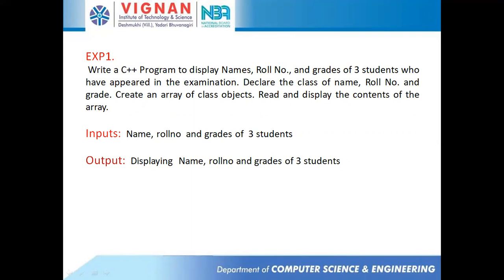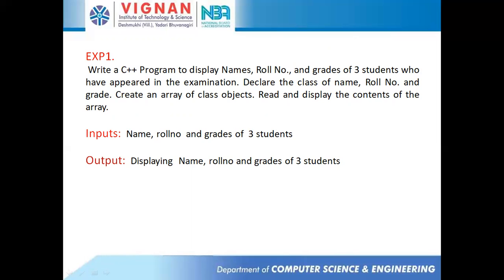We take these inputs from the standard input device, like the keyboard, and we don't need to do any processing here. Whatever input you have given, you simply display it. So that is the output.